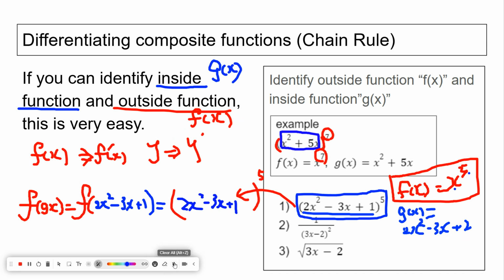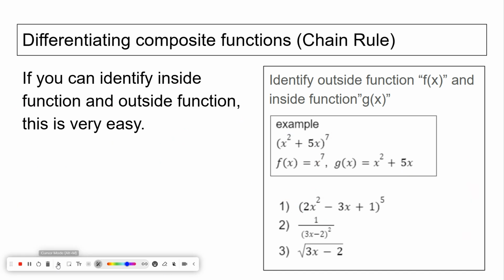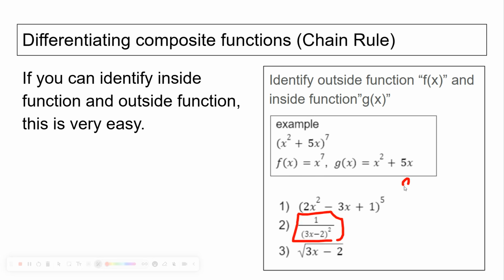Right, I clear all of them first, and then I would like you to identify what is inside function and what is outside function. For this one, you could say outside function is f(x), which is 1 over x to the power of 2. But do you remember when you are finding derivative, differentiating 1 over x to the power of 2, how did you do that?